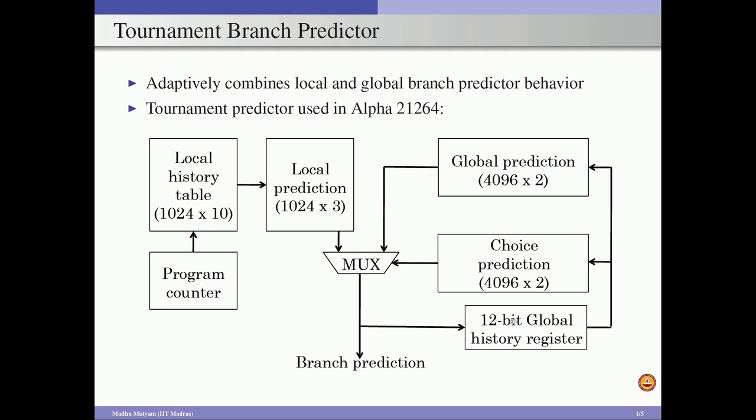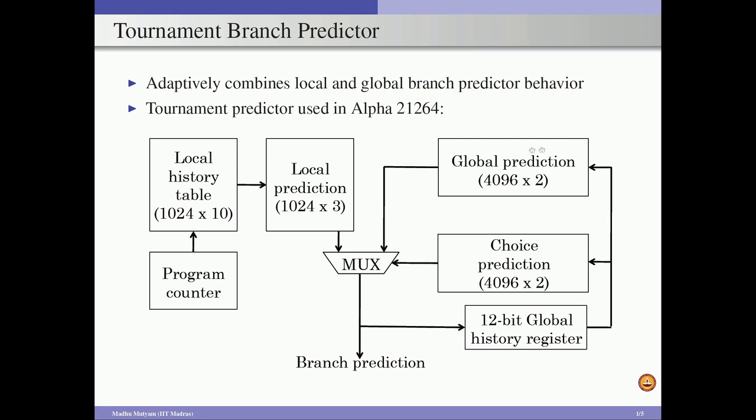Here this 12-bit global history is going to keep track of the last 12 outcomes of all the branches, whether they are similar branches or different branches. It keeps track of the latest 12 branch instructions executed by the program. Using these 12 bits, we index into the global prediction table, which has 4K entries.